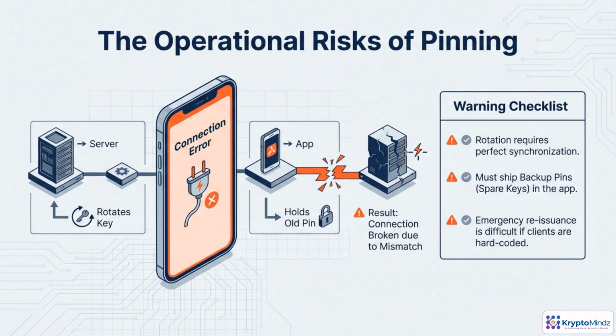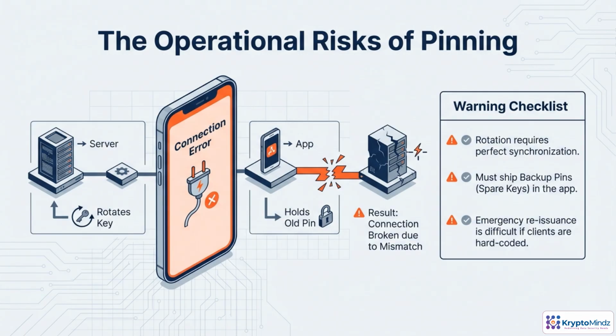Certificate pinning is powerful, but it comes with real operational risk. When you pin, your app is essentially saying, I will only trust this exact key or certificate. That's great against man-in-the-middle attacks. But it also means any change on the server side can instantly break every client.